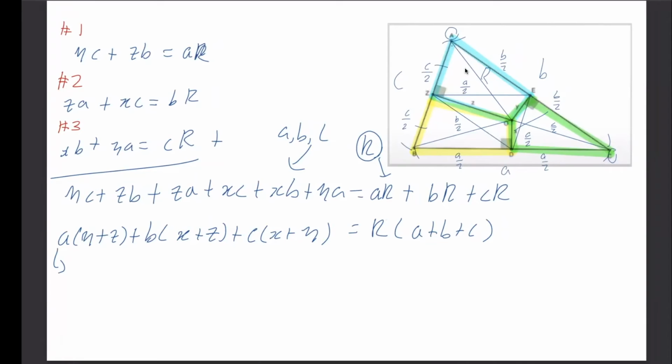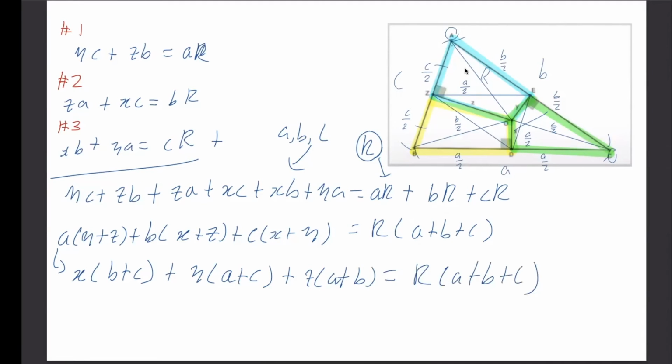We're going to do that by making X the owner of B plus C, Y the owner of A plus C, and then Z the owner of A plus B. Then we have R, A plus B plus C. So what we can do right now is using another equation known as the semi-perimeter of a triangle.